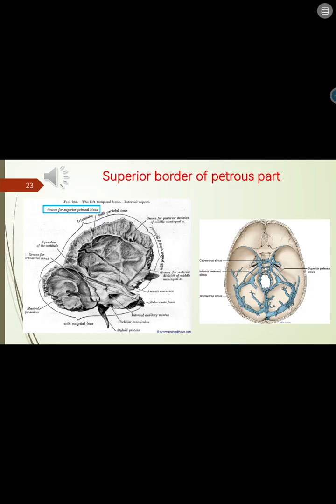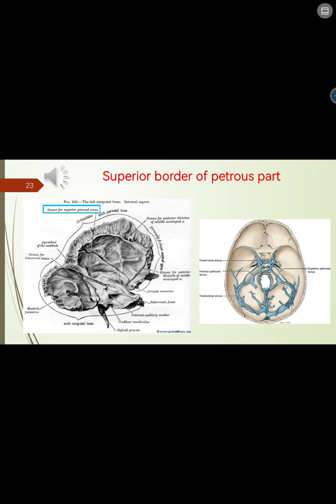As I said, the petrous part has three borders: superior, posterior, and anterior. The superior border is grooved by the superior petrosal sinus, another sinus that is in the cranial fossa.